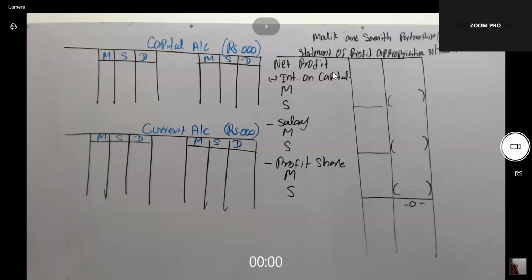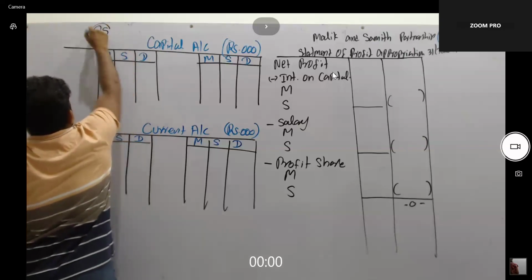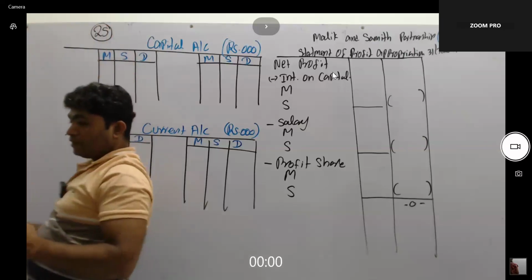Right, question number 25. First one, record given balances.